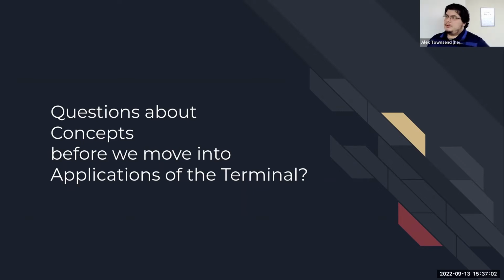Yeah. One more question. Sure. What's the difference between OS and BIOS? So the operating system is actually built on top of the BIOS. BIOS stands for basic input output system, and it is a little piece of software that runs on the CPU itself.